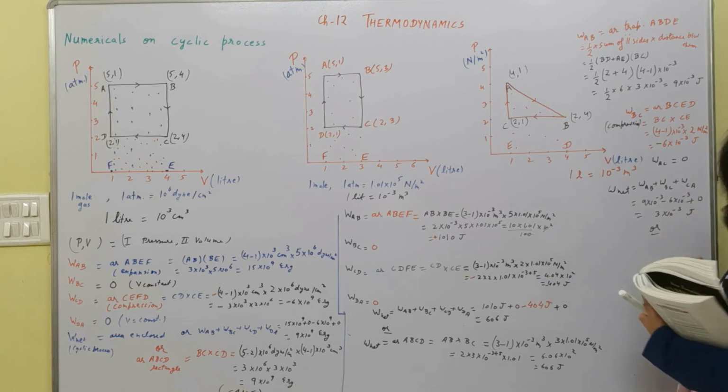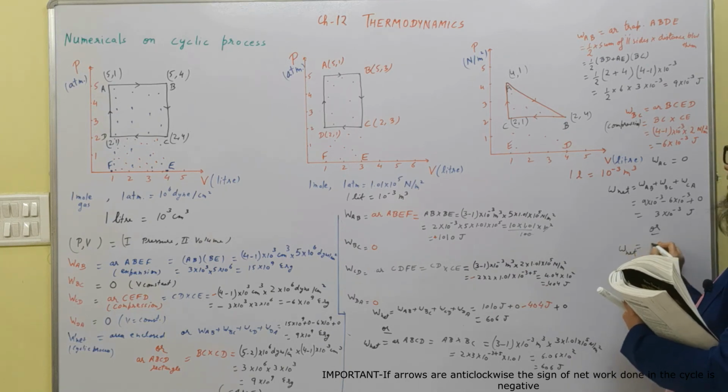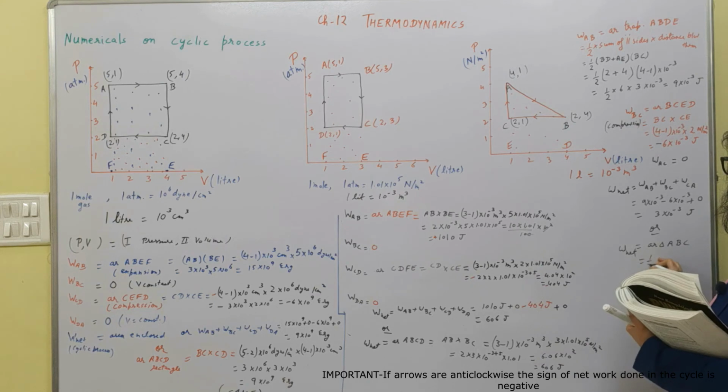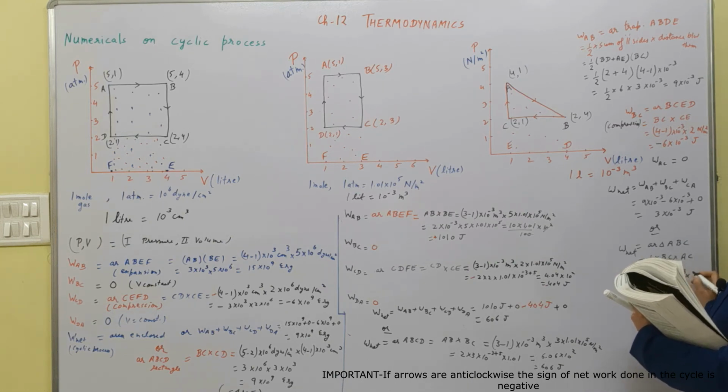Or the shorter way, when we have to find the W net, this is the area of triangle ABC. This is half, base is BC, into height is AC. So half, base is BC means 4 minus 1 into 10 to the power minus 3, into AC is how much?